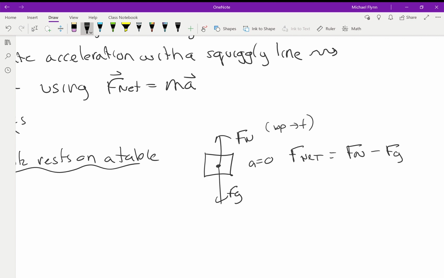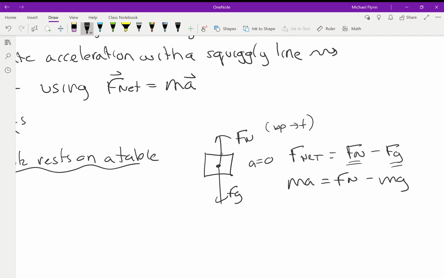So this is step 4. I'm solving using Fnet equals ma. The net force is the sum of the forces acting on the object. Well, that's this positive force, the normal force, minus the force of gravity, because I'm adding the negative, so I subtract it. I've already factored in that gravity is down. Okay? Now, you get this: ma equals Fn minus mg.